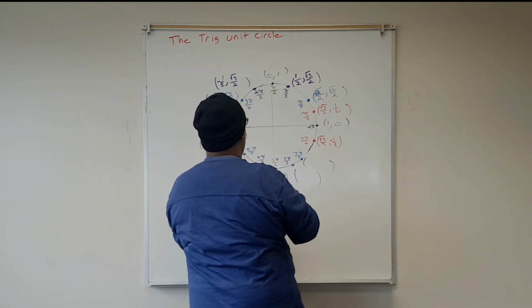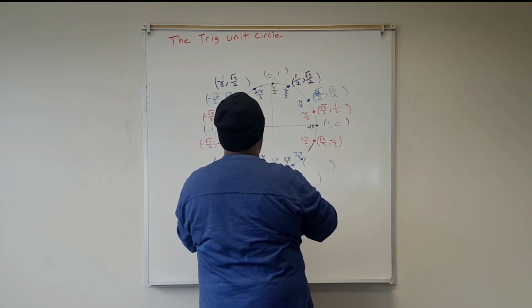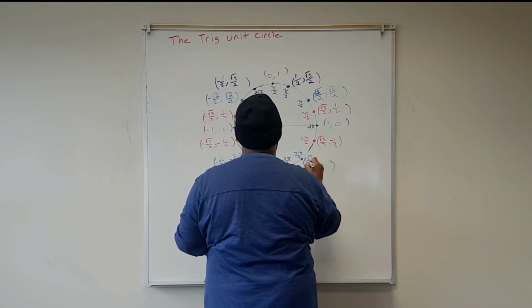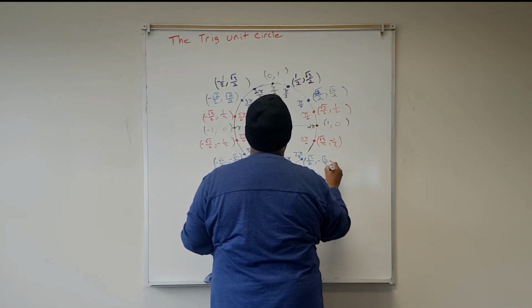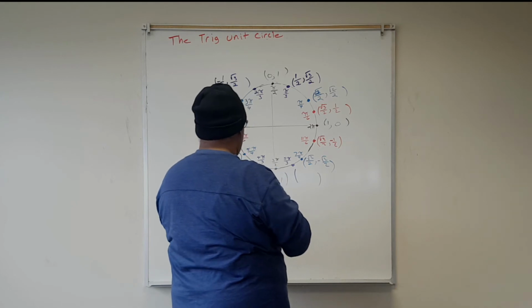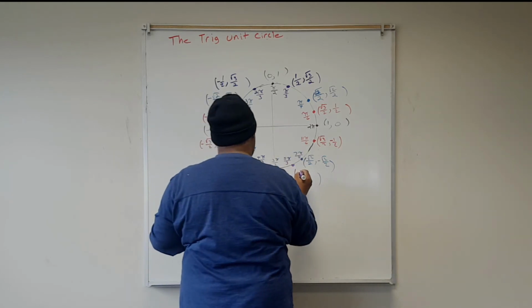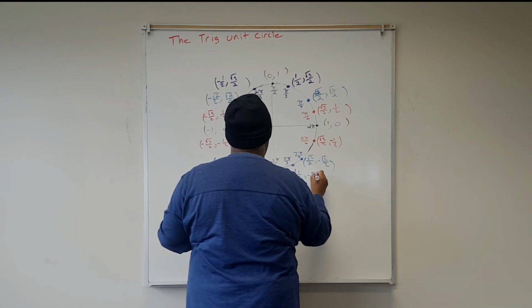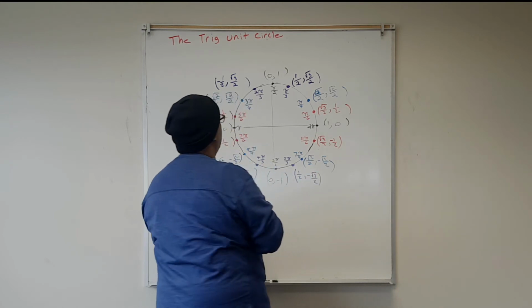Then we can go with this one. First one is going to be positive, root 2 over 2, comma negative root 2 over 2 because we're going down. And our last one is going to be 1/2, comma negative root 3 over 2.